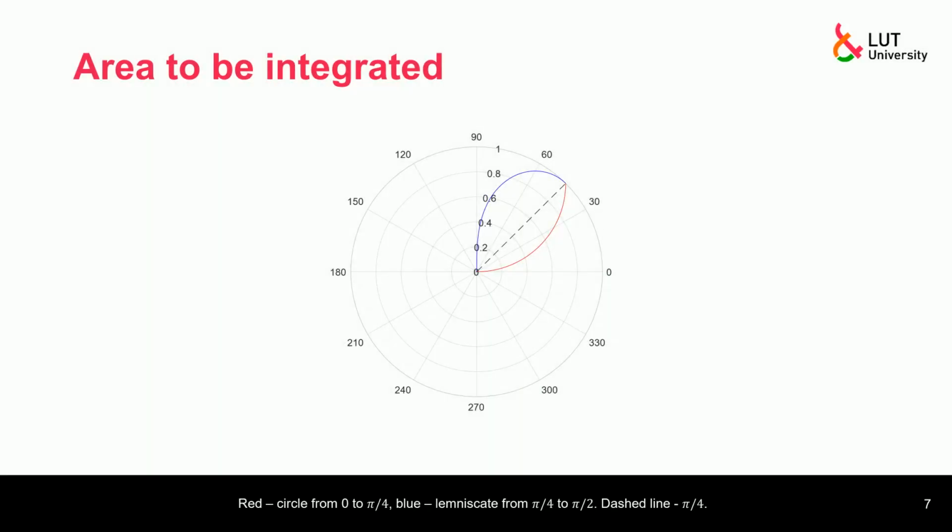Yes, we do. So now the red one is the circle segment from 0 to pi over 4. So we need to calculate the area from the circle, that is, the area delimited by that circle segment. And then this area, we need to calculate what's delimited by the lemniscate segment. And the dashed line is just pointing at 45 degrees.